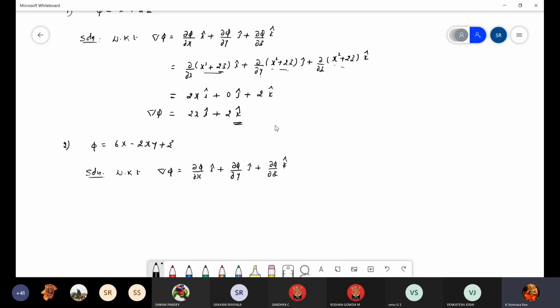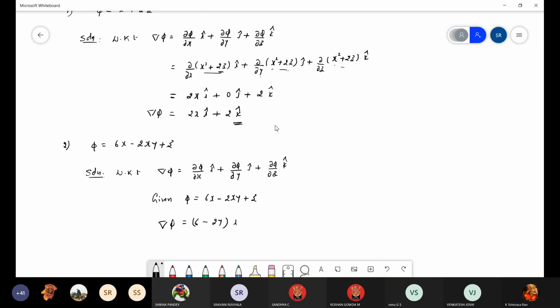So given phi equals 6x minus 2xy plus z, directly you can write the answer. Grad phi equals: differentiate phi with respect to x, you will get 6 minus 2y, is it right, into i cap.